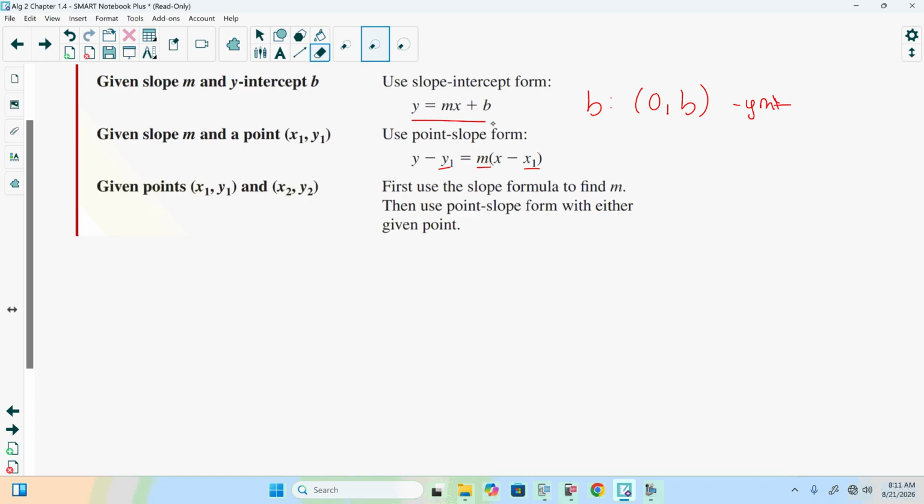Have you all heard of two-point form? Probably not. I will show you what two-point form is. Do not write it. I don't use it. I think it's more complicated than it needs to be.